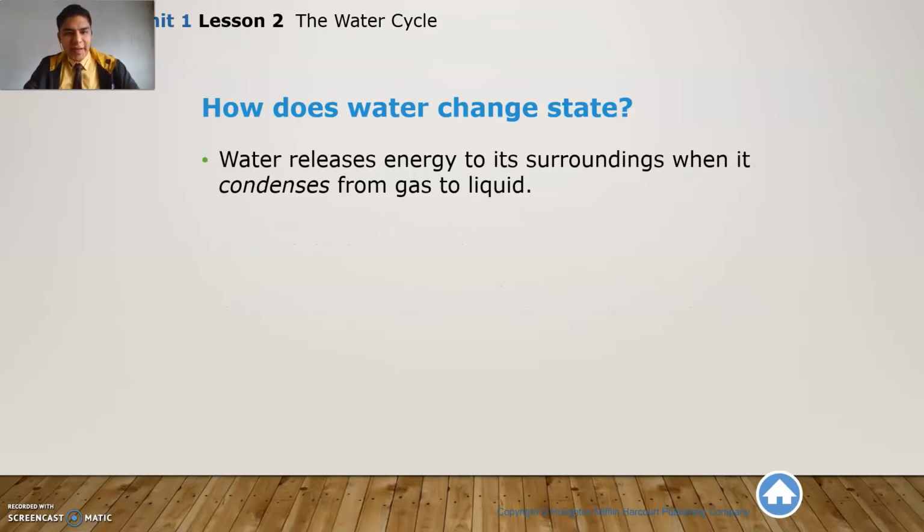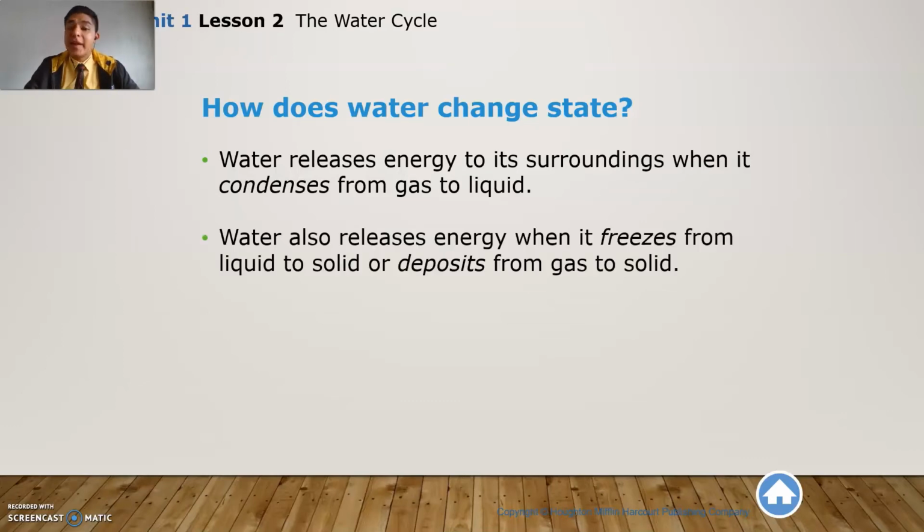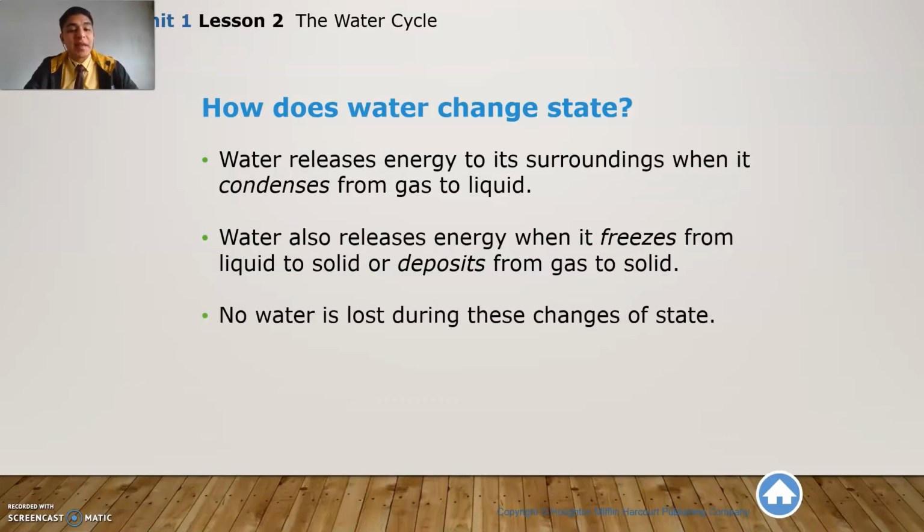We're going to try to move a little bit faster. Water releases energy to its surroundings when it condenses from gas to liquid. And water also releases energy when it freezes from liquid to solid or deposits from gas to solid. No water is lost during these changes of state. That's something very important. The amount of water doesn't vary.